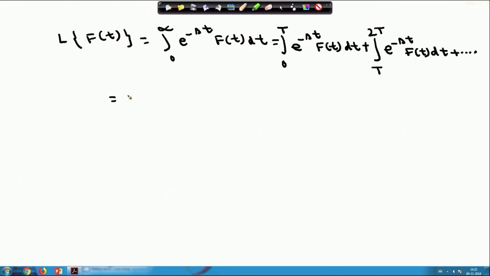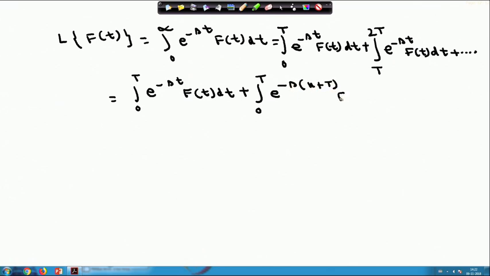Now, this equals the integral from 0 to T, the first one remaining unchanged, e^(-st) f(t) dt, plus the second, T to 2T, which I can change. I break it into the integral from 0 to T of e^(-s(u+T)) f(u+T) du.